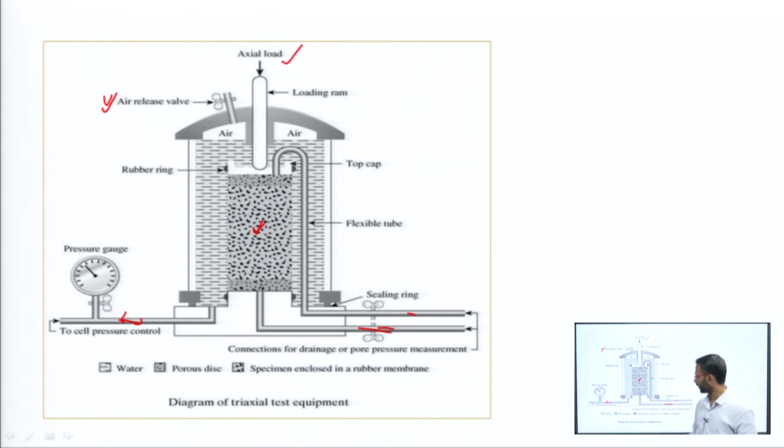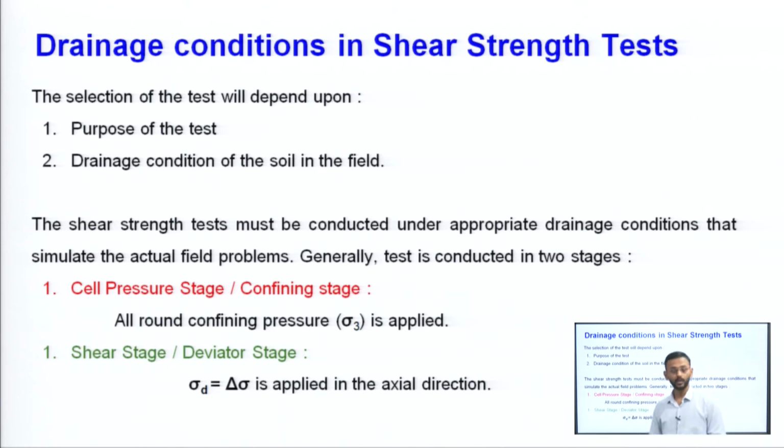Okay. So, now let us see how the triaxial test works. First of all, the selection of the test will depend upon two things: the purpose of the test and the drainage condition of the soil in the field.